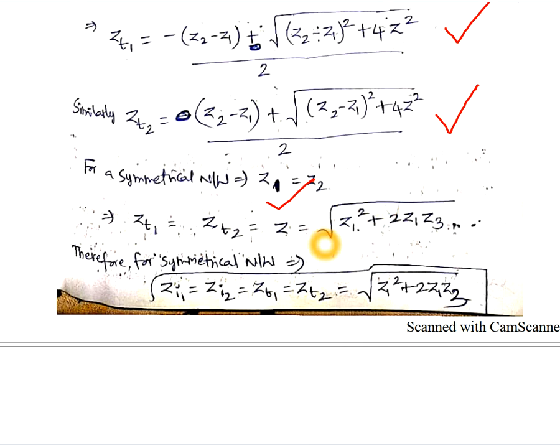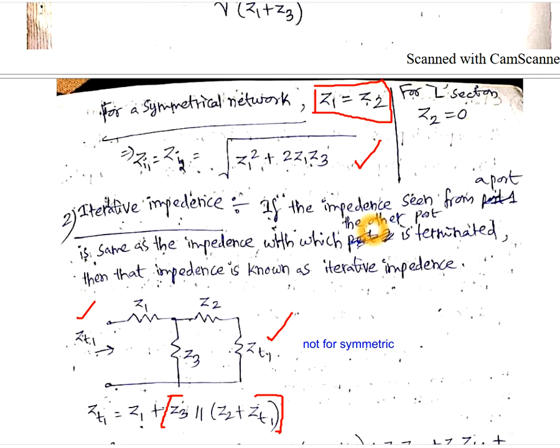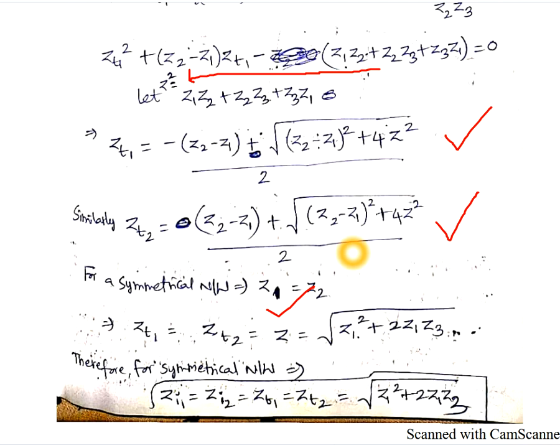That means we already got image impedances which are equal for a symmetrical network, and now we got that the iterative impedances are also equal for a symmetrical network. And if you observe, the image impedance for a symmetrical network, the square root of Z1 square plus 2 Z1 Z3, is equal to ZT1 and ZT2.